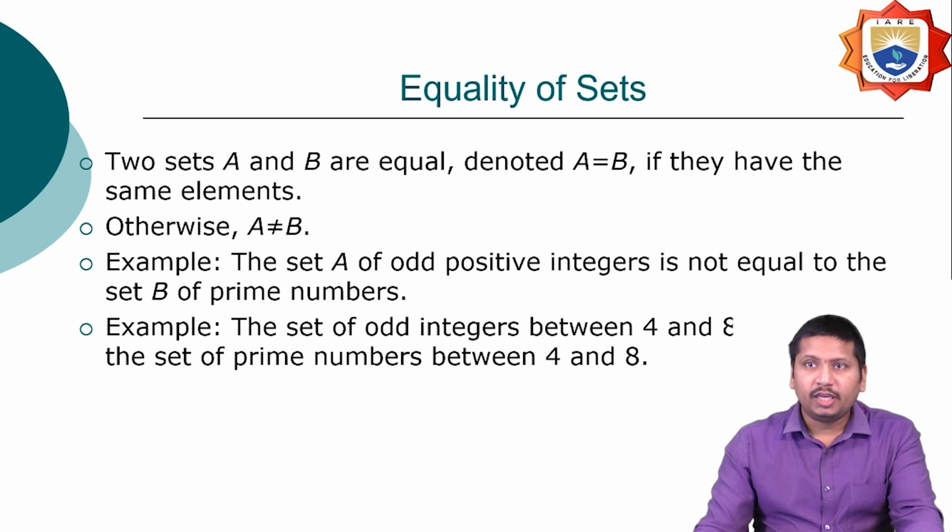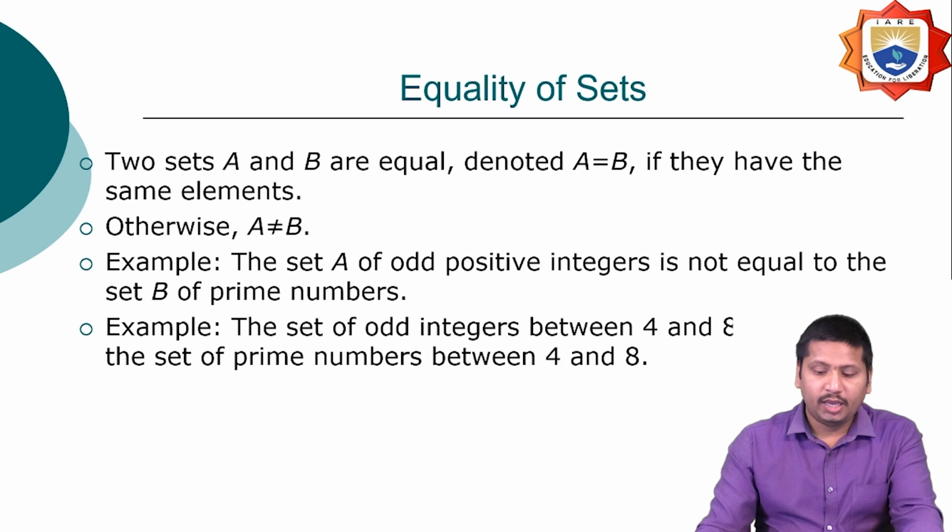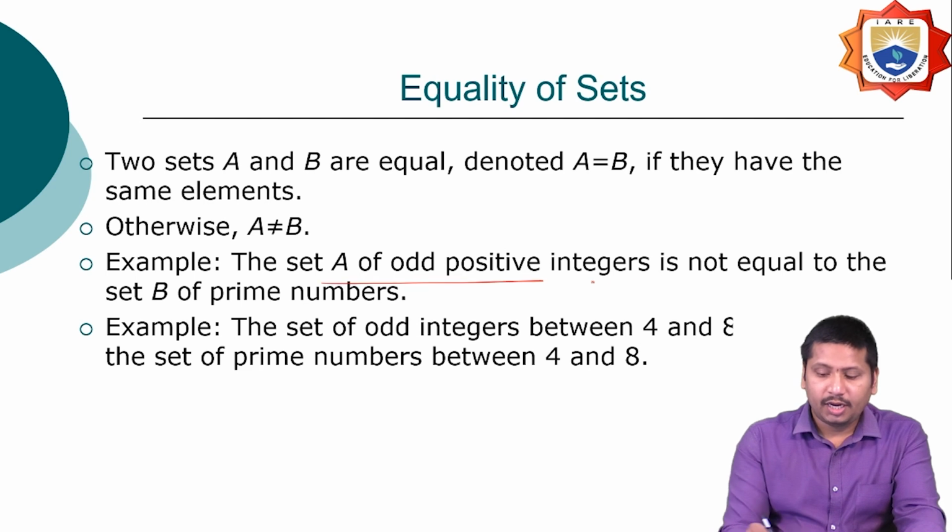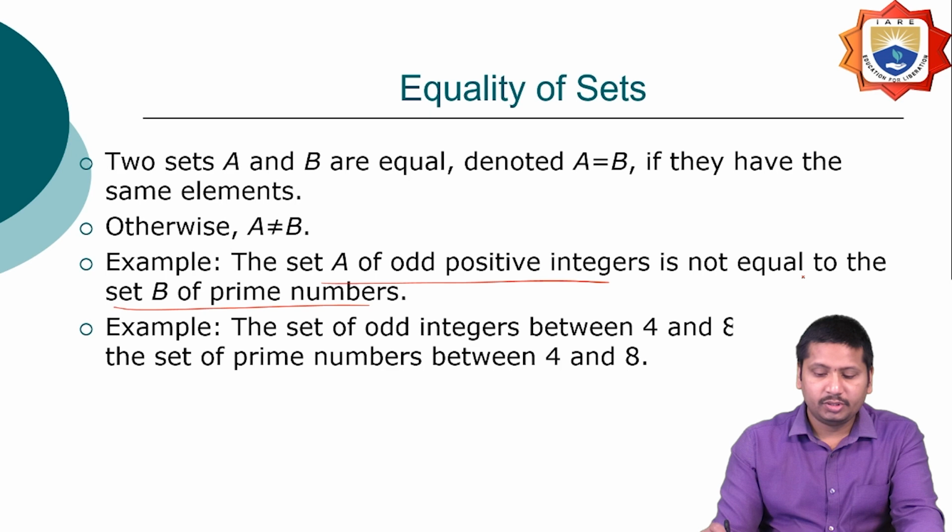And next is equality of sets. Here I'm considering two sets A and B, denoted A = B if they have the same elements, otherwise A is not equal to B. For example, the set of positive integers is not equal to the set of prime numbers.